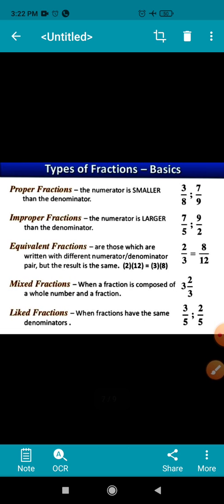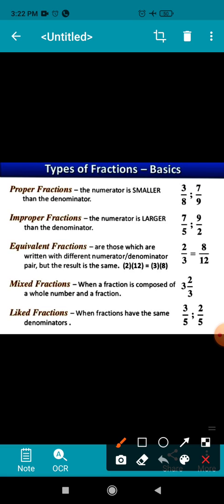Okay. Now next one is mixed fraction. When a fraction is composed of a whole number and a fractional number. Here 3 is a whole number and 2 by 3 is a fractional number.